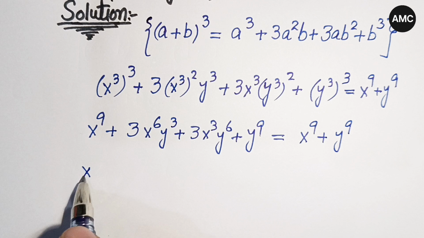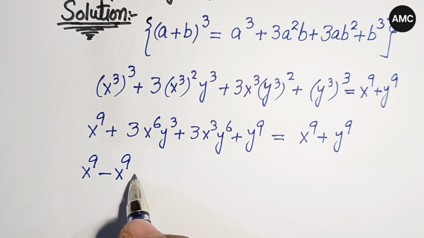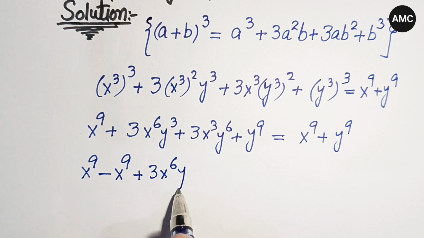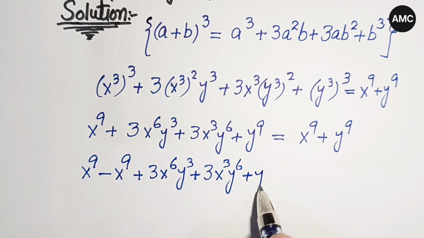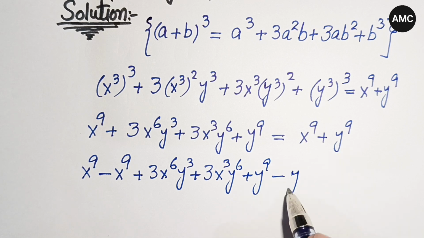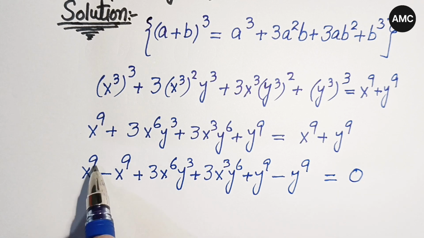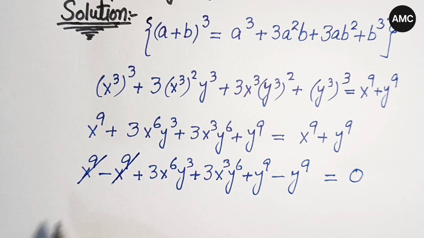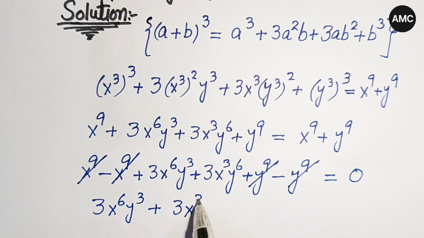Here we have x to the power 9, shifting this one we get minus x to the power 9, and here we have plus 3x to the power 6 y cubed plus 3x cubed y to the power 6 plus y to the power 9, shifting this one we get minus y to the power 9, and our right hand side is equal to 0. So positive x to the power 9 and negative x to the power 9 cancel out. Similarly, positive y to the power 9 and negative y to the power 9 cancel. We get 3x to the power 6 y cubed plus 3x cubed y to the power 6 is equal to 0.